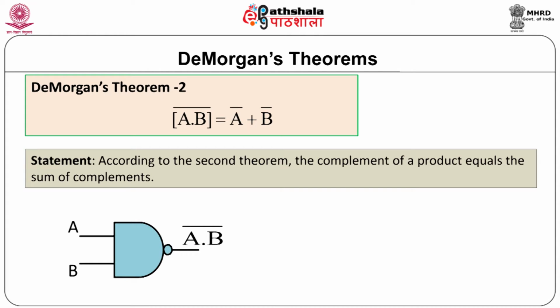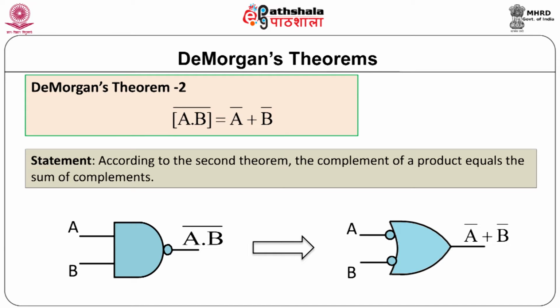The left hand side of the equation can be viewed as the output of a NAND gate with A and B as inputs. The right hand side of the equation is obtained by inverting both the inputs A and B, then putting them together through an OR gate. These two representations are equivalent.